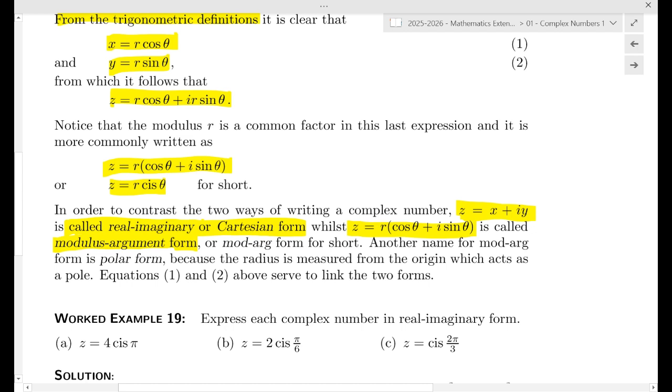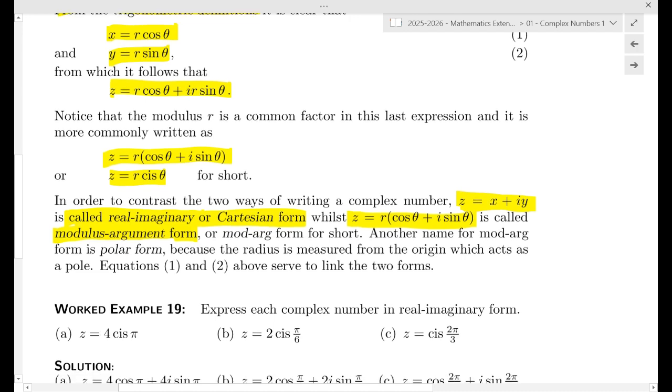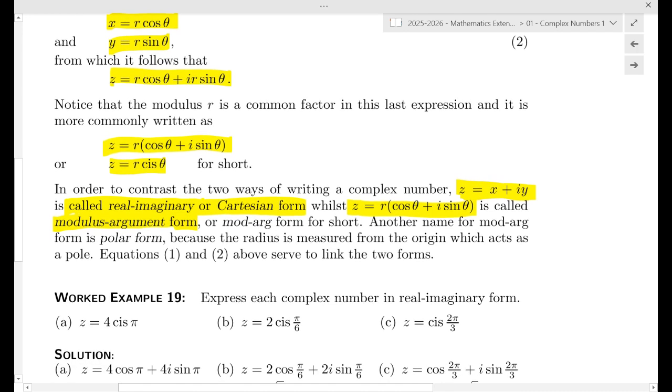So let me know what you got for the second and third one. √3 plus i. Yep, yes.